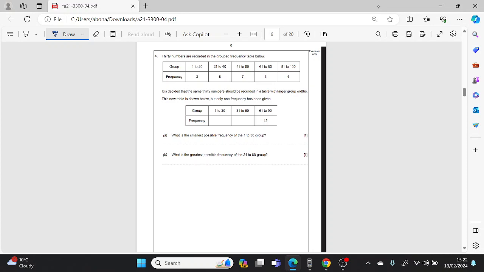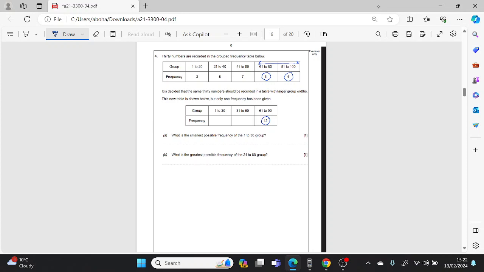This new table is shown below, but only one frequency has been given. Now, the reason that is 12 is because 6 from 61 to 100 is going to be 12. But we need 1 to 30 and then 31 to 60.